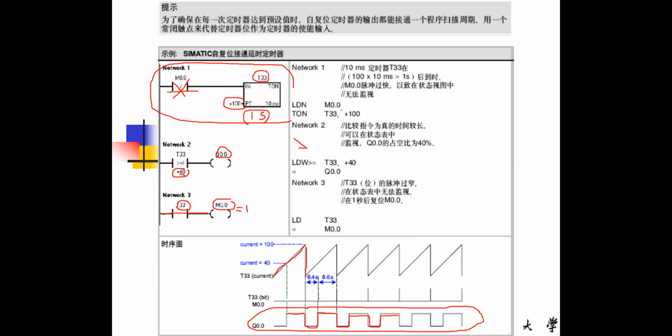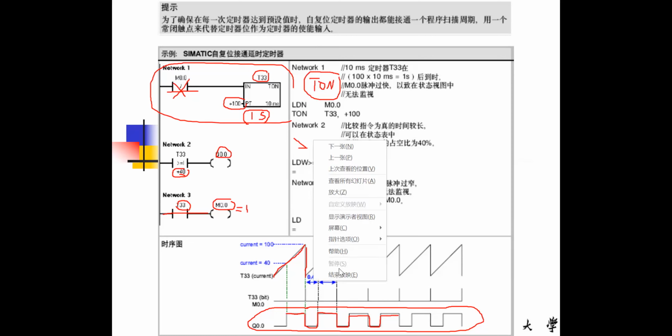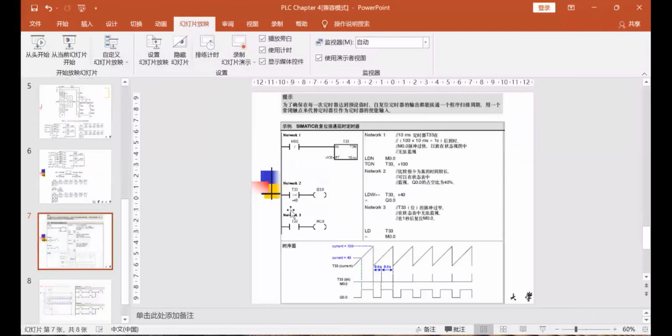After this class, you can learn by using the file I have given you, to learn what the timer TON is. You can use the file I have given you. So I will share the file.